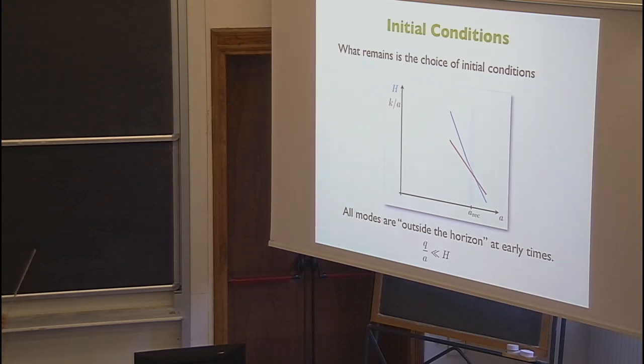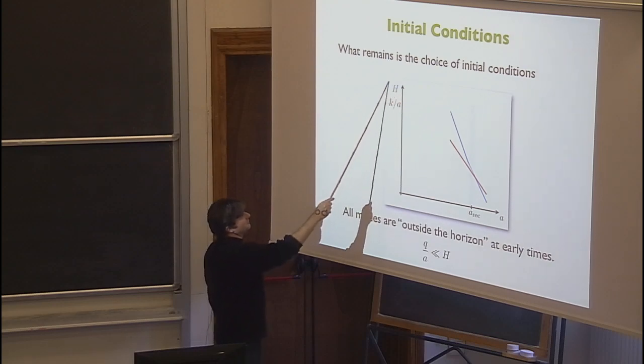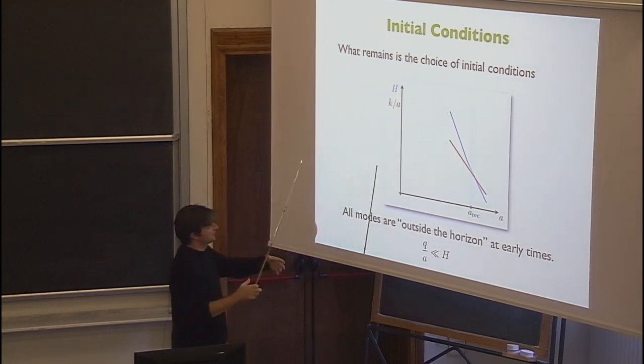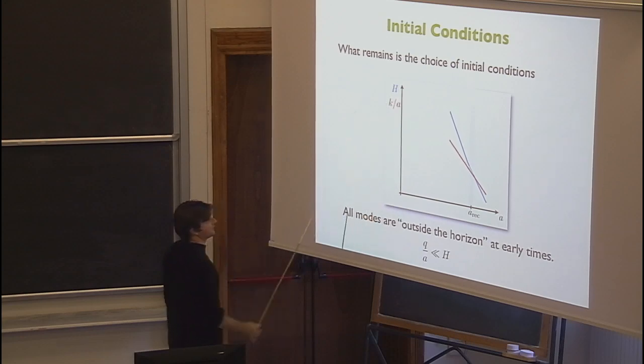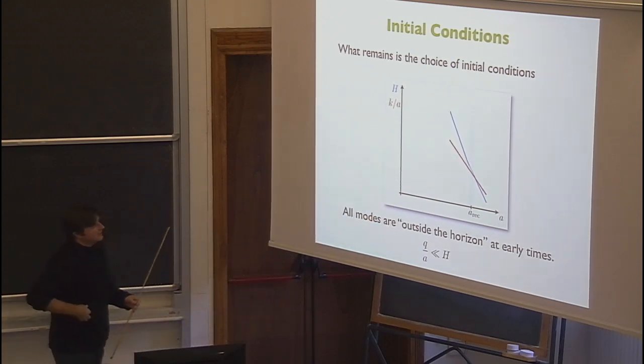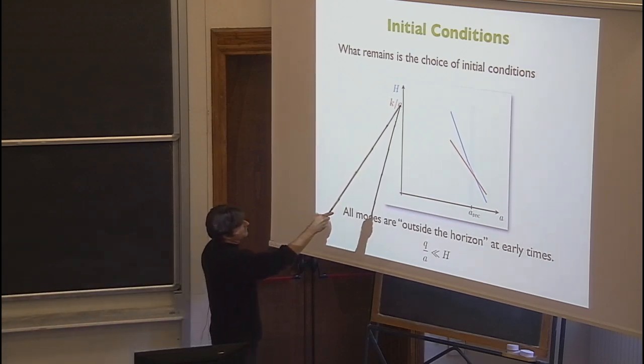The one thing that's still missing, so these are the equations, is how do you actually set the initial conditions? The one thing that's important to keep in mind is that if you look at the equations, there are two scales in the problem. There's the Hubble rate, just how fast the universe expands, and then there's the momentum of the Fourier modes, and this just scales like 1 over a.